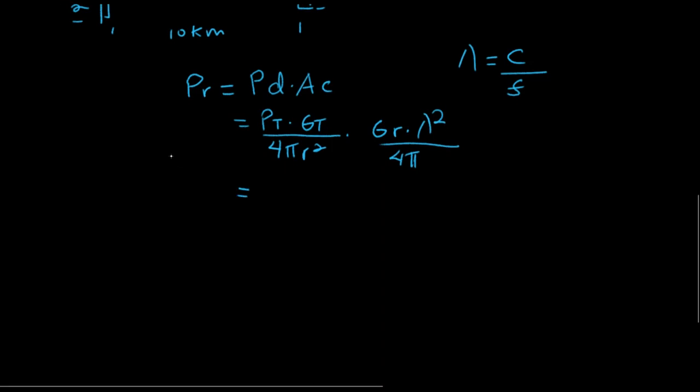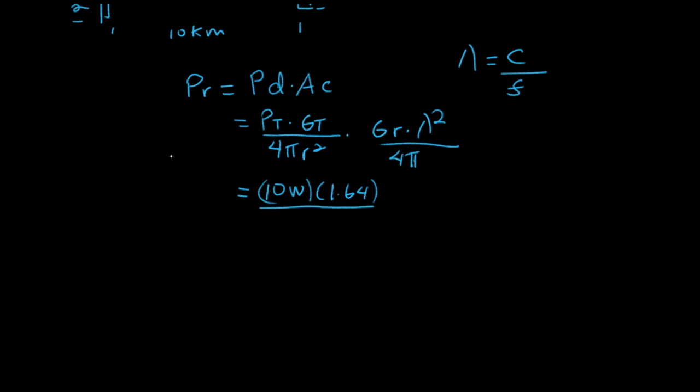So, transmitted power is 10 watts. Gain ng transmitting antenna natin is 1.64, yung gain ng dipole, divided by 4 pi. R natin is 10 kilometer, 10 times 10 to the positive 3 squared, times gain ng receiving antenna natin, yung Hertzian dipole, 1.5.